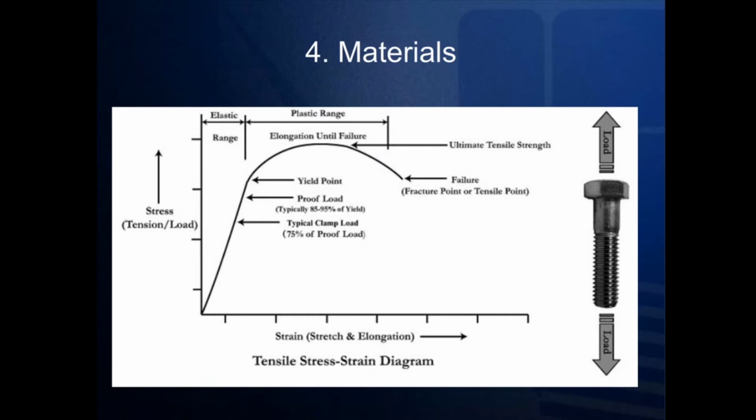The proof load is the greatest suggested load that a fastener should be tightened to avoid reaching its true yield point, and that's typically calculated at 85 to 95% of the yield point. A fastener's clamp load, which is calculated at 75% of the proof load, is the suggested force that should be applied to a bolt. As you can see, a stress-strain diagram can ultimately give you a lot of information that is helpful in understanding the strength of fasteners.